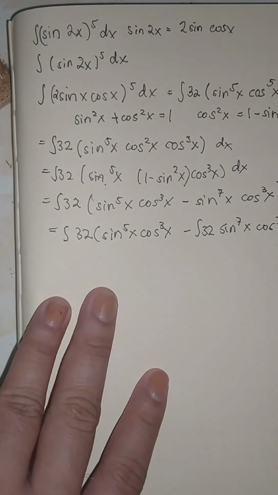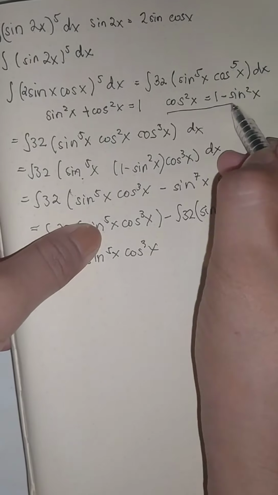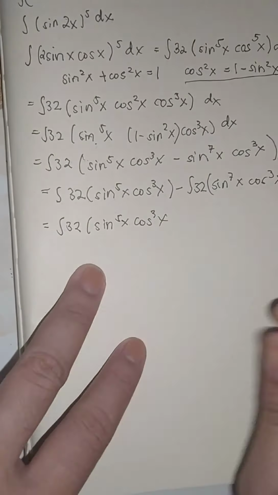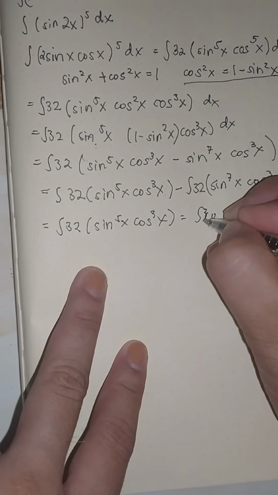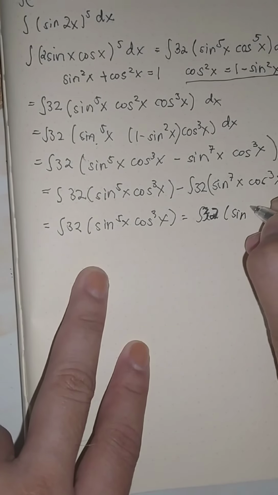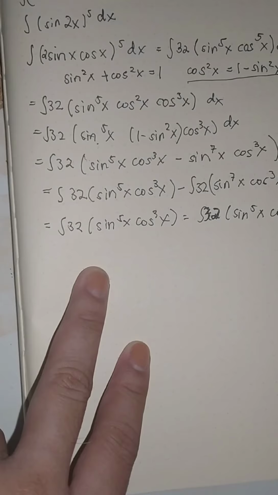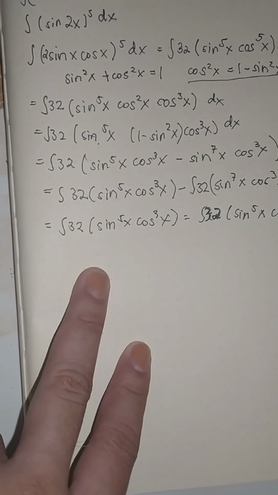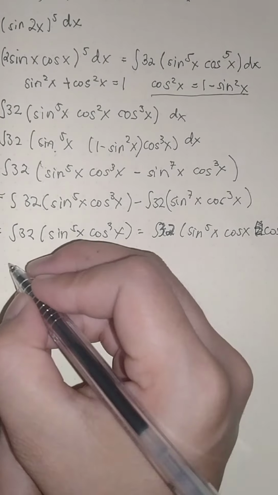We have the integral of 32 sine raised to 5 x cosine cube x. I can write this as the integral of 32 sine raised to 5 x cosine x, and then cosine squared x.